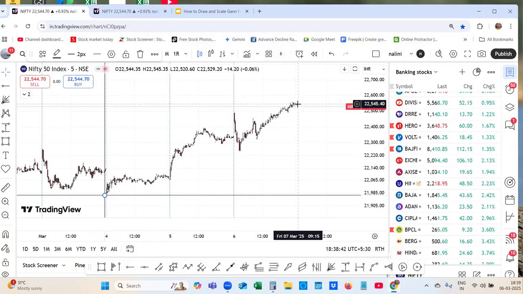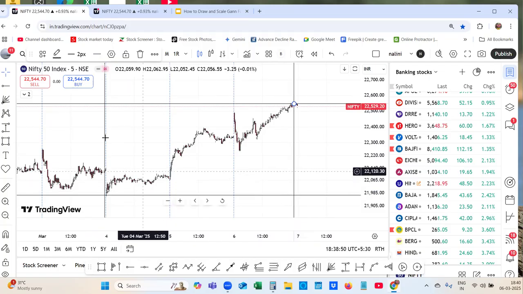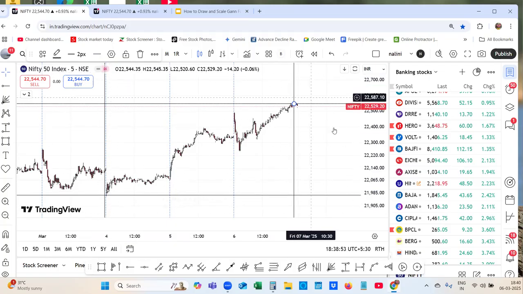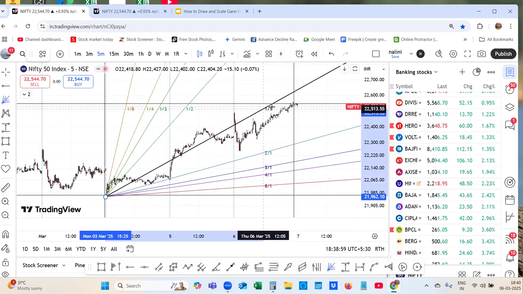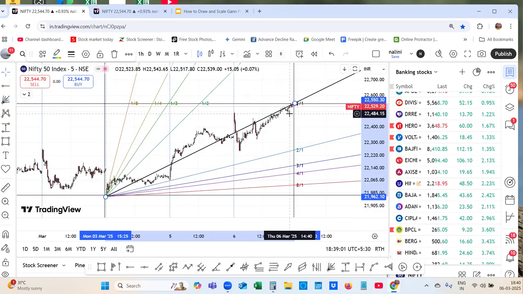Then, having identified the swing high, I'm drawing a cross line. So I'm getting a boundary for this. Then I'm applying the Gann fan and taking it to the top, this level.